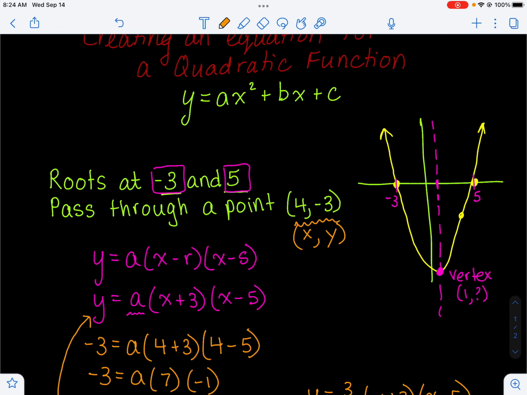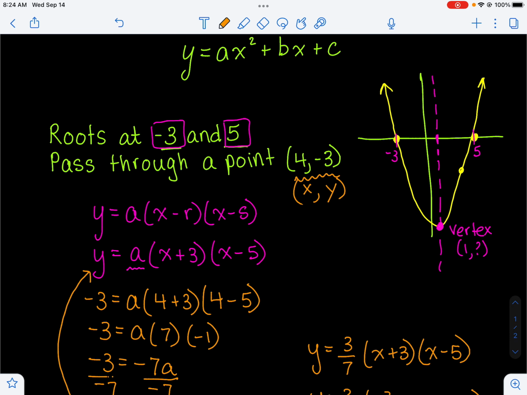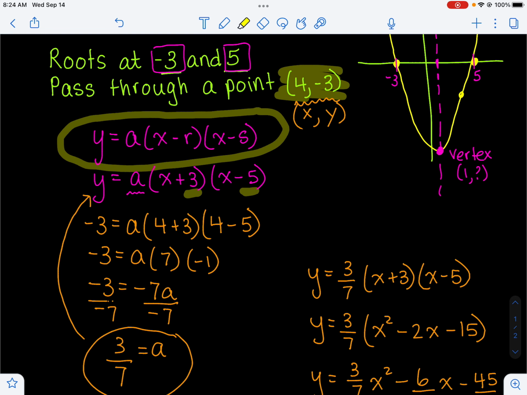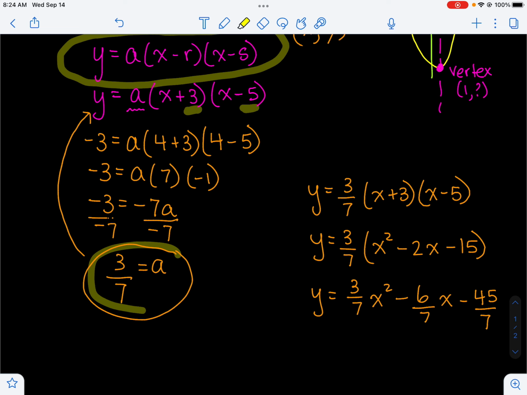So if you're given the roots of a parabola and a point, it might be easiest to just pop that equation into factored form, because it's easy to pop the roots in. And then just sub in this point for x and y so that you're able to find your a value. And then if you want to put it in standard form, you would just expand it.